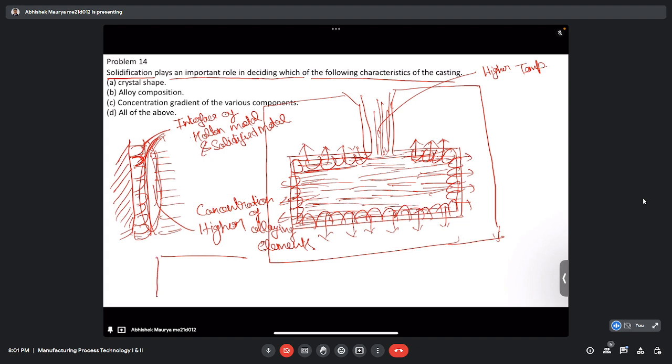Suppose the metal is completely solidified. If we check the composition near the mold walls and in the core of the casting, we will find a difference, because the core region will solidify last, and therefore it will have a higher percentage of alloying elements.